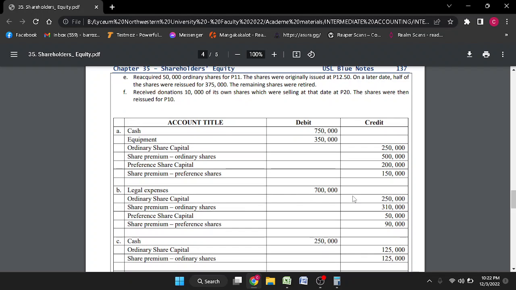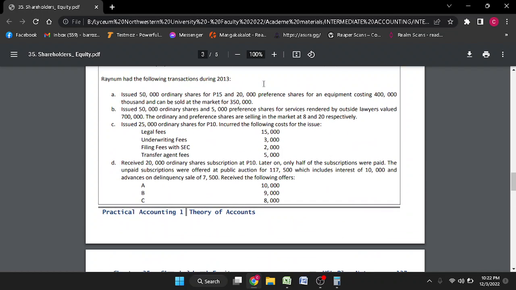It's quite tricky for this part, the letter B. Okay, there's a lot of ways to allocate it. All of those methods that I used a while ago in the Excel file could be accepted. So therefore you may use all of those.